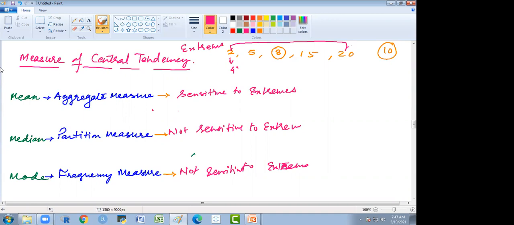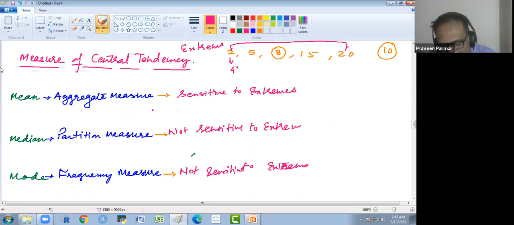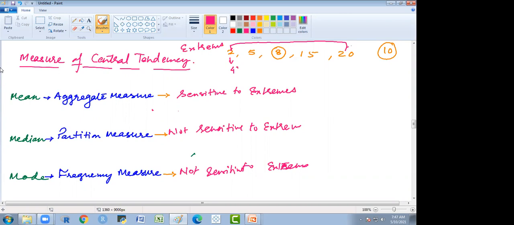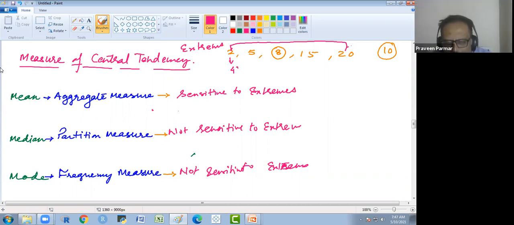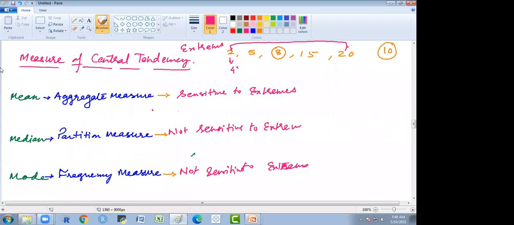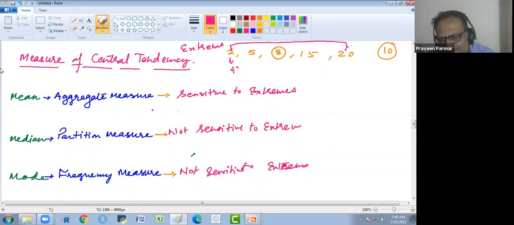Assuming youngsters, from 18 to 25 or 30 maximum. If we take a big range, suppose we take 18 to 50 years. So that is the range of watching this sort of movie.